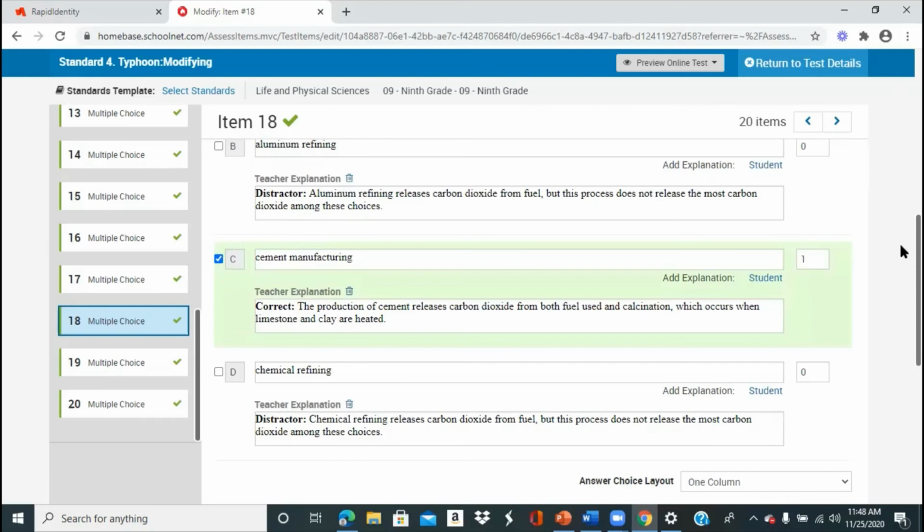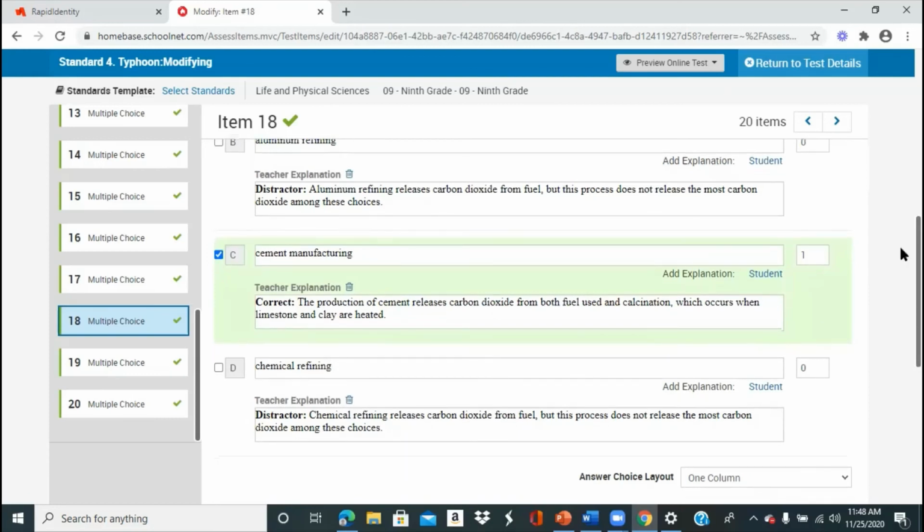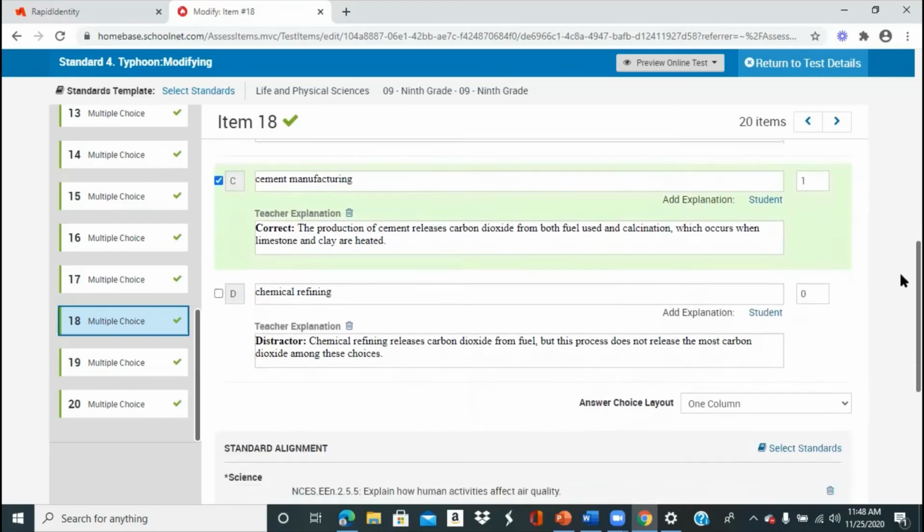The limestone and the clay are heated for so long that it creates more carbon dioxide emission than the rest of the options given here.